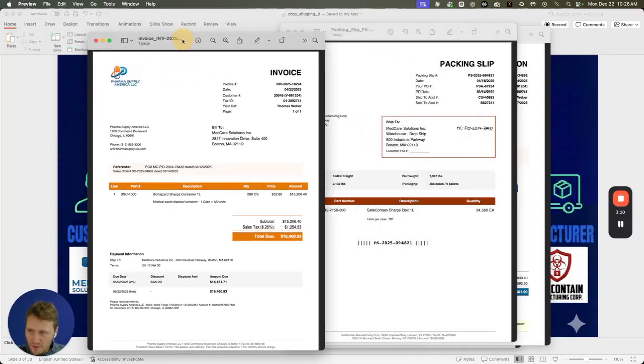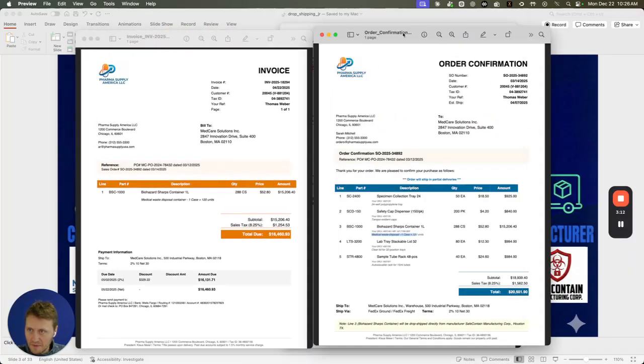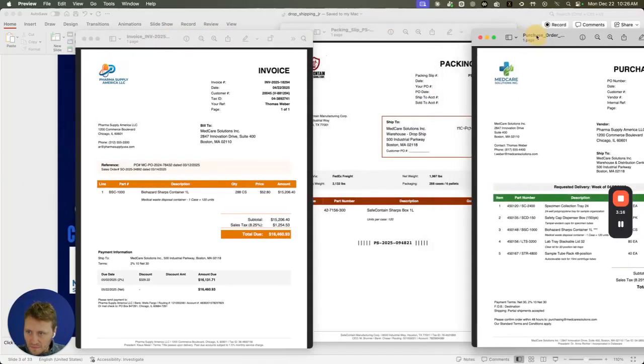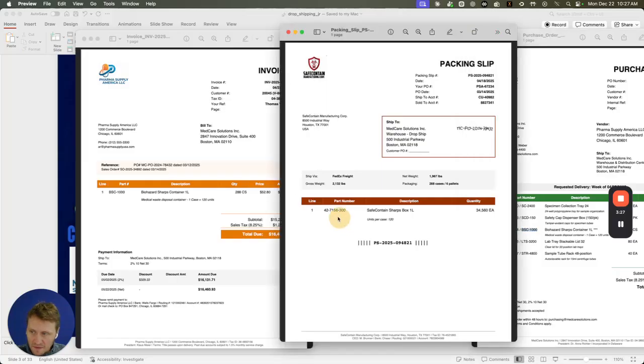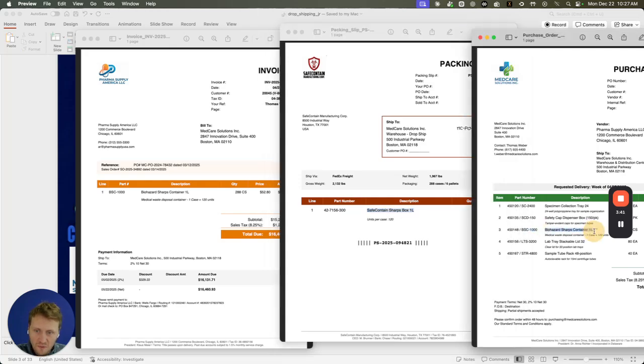More concretely, if we compare the packing slip and the purchase order, we see that the biohazard sharps container has this SKU for Medcare, this SKU for Pharma Supply, and a completely different SKU for the Safe Contain company. The descriptions are also a bit different: Safe Contain Sharps box 1 liter and Biohazard Sharps container 1 liter. So they're not exactly matching.